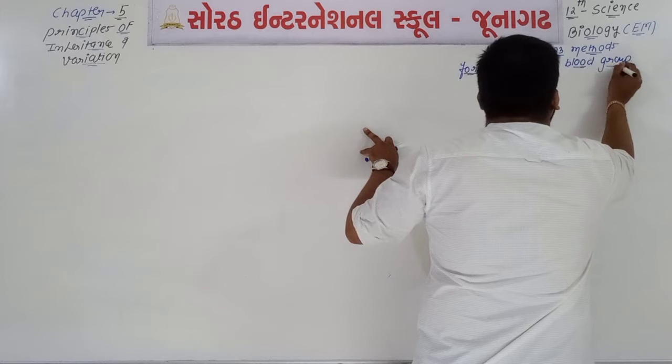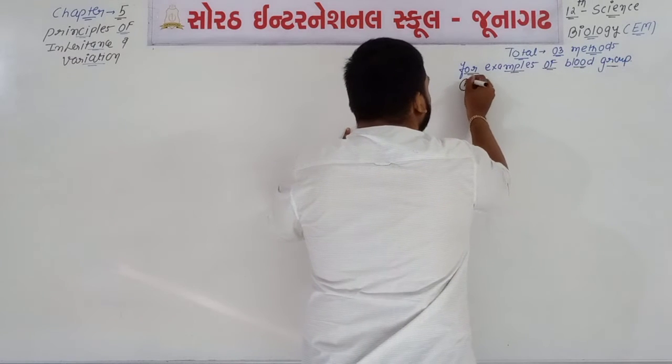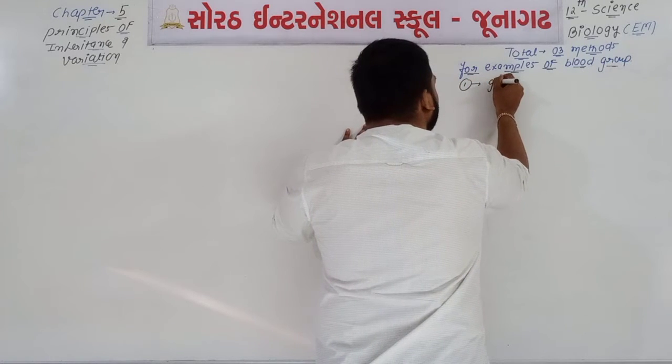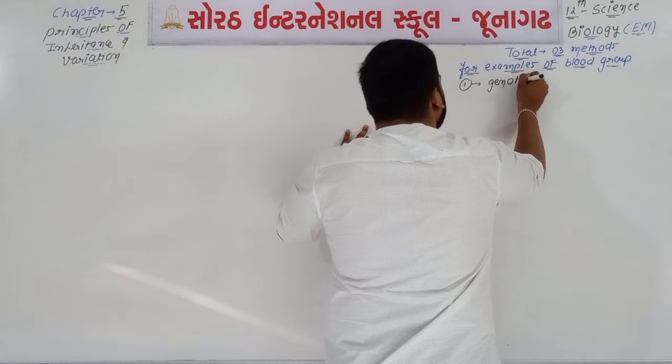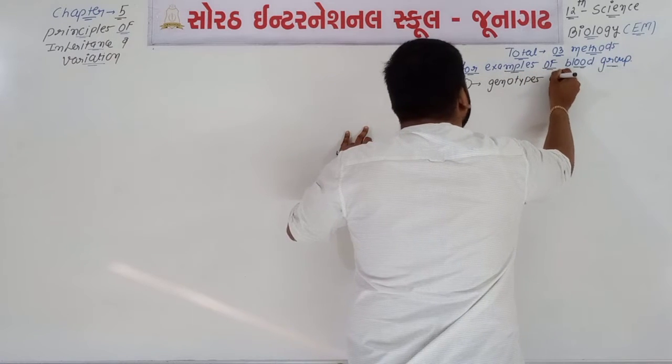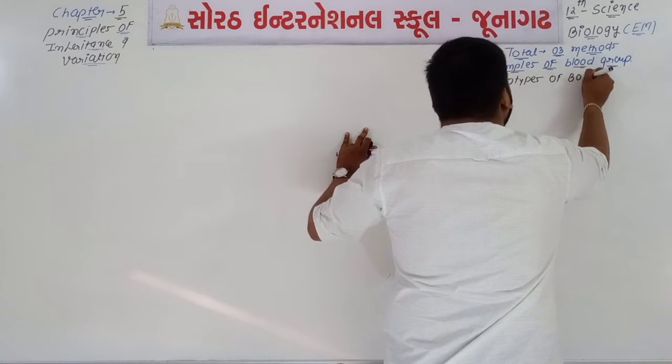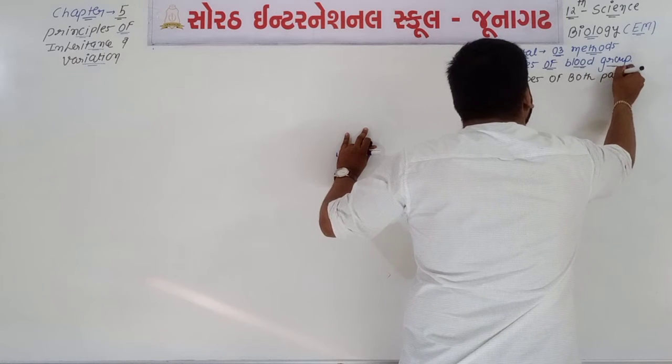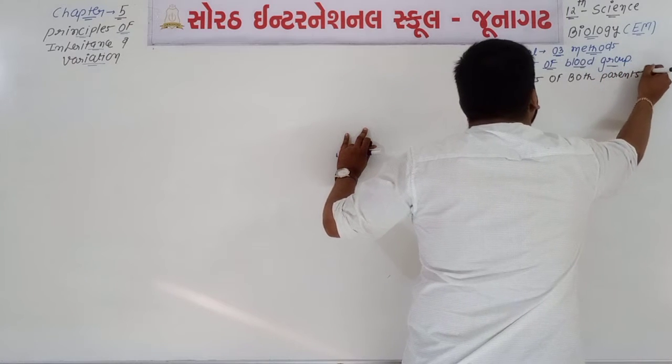If we talk about method number 1, the genotypes of both parents are given.